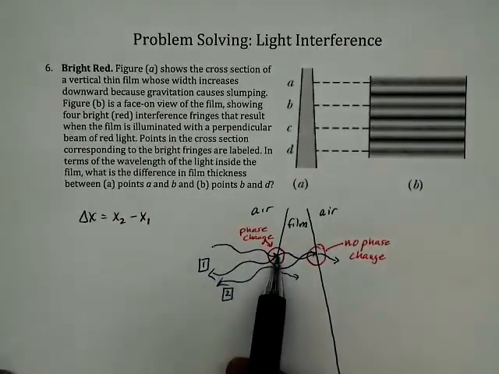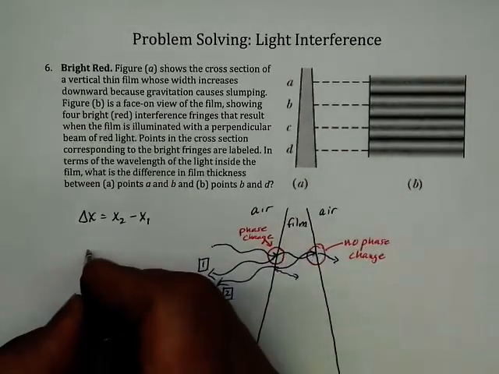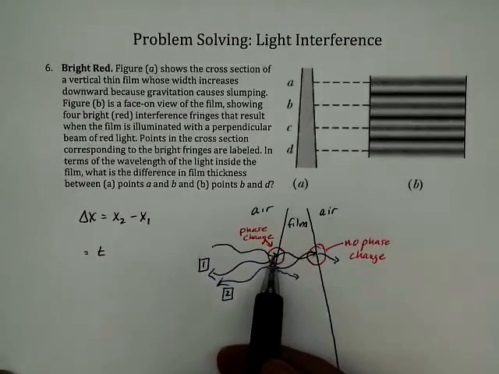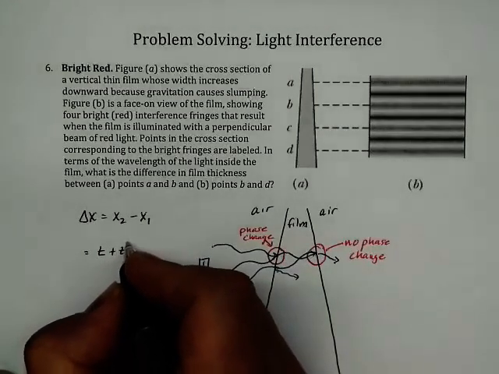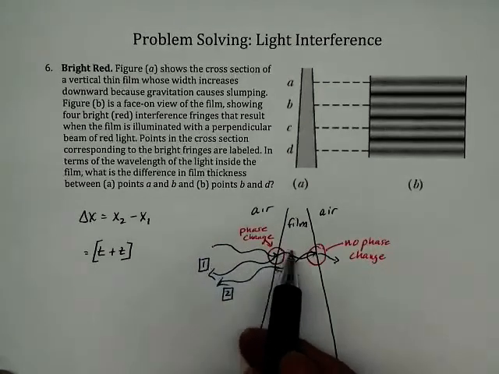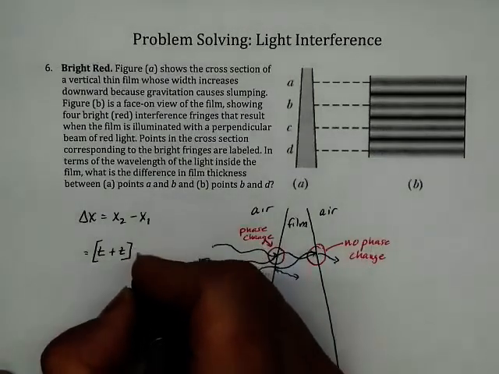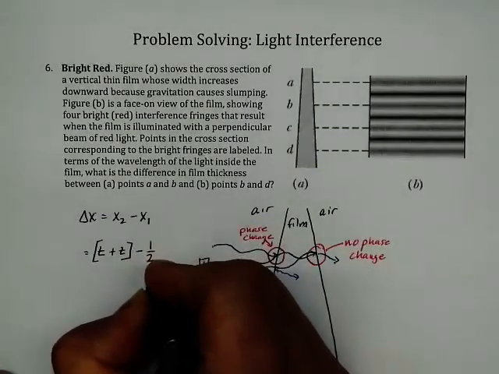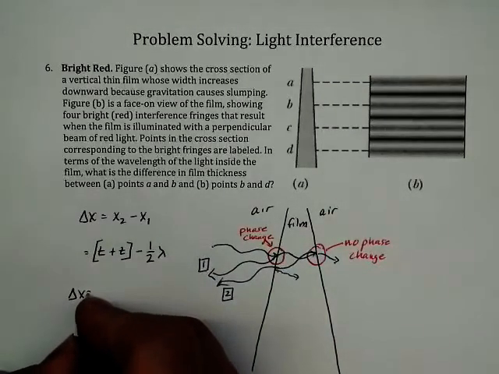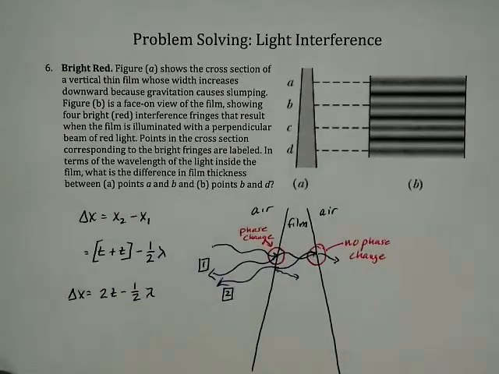So 2 comes here, travels whatever thickness the film is at this point, so that is T, doesn't have a phase change, and then goes back, so it travels a distance of T plus T. 1 doesn't travel any extra distance through the film, but because of the phase change, that's effectively like moving a distance of 1/2 of a wavelength. So the path length difference here is 2T minus 1/2 of a wavelength.